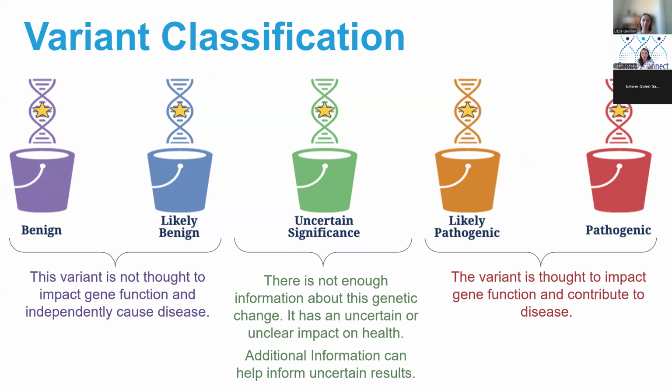This publication describes the pieces of evidence that we can put together to reach what we call pathogenic, or likely pathogenic, which would be associated with a disease, or what pieces of evidence we need to put together to reach benign, which would not be associated with causing a health condition. And then when might we be left in this middle category, uncertain significance, where we don't yet have enough information to put that variant in a more definitive classification.